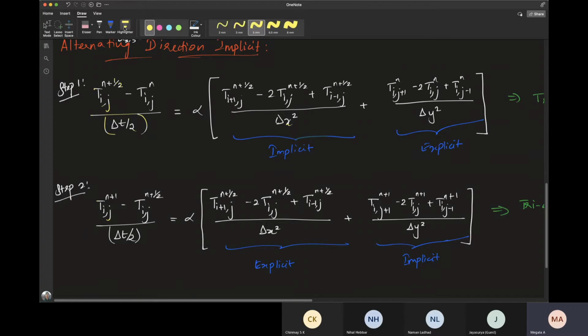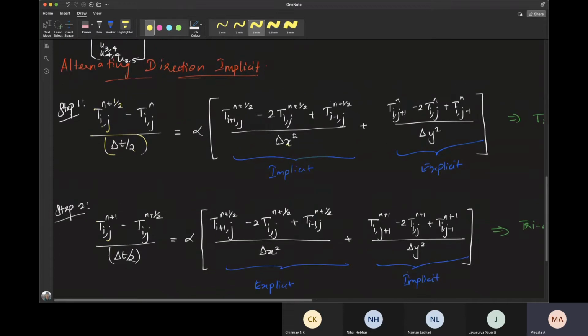So now in the first half, the central difference for x direction is being evaluated at n plus half time step, whereas the central difference in y direction is evaluated at nth time step. So in the first step, the x directional part is implicit, whereas the y directional central difference is explicit.